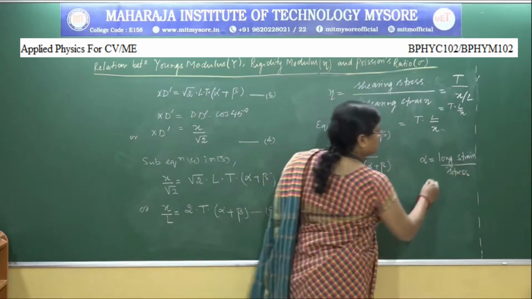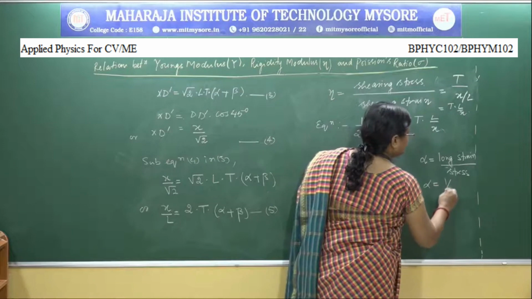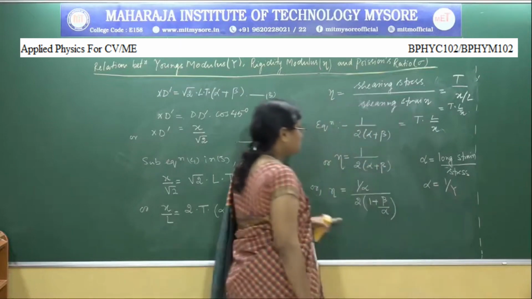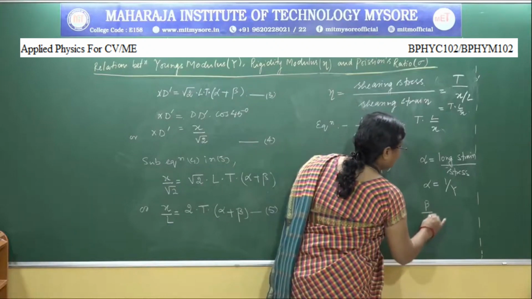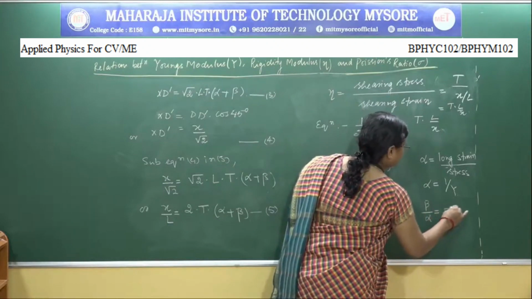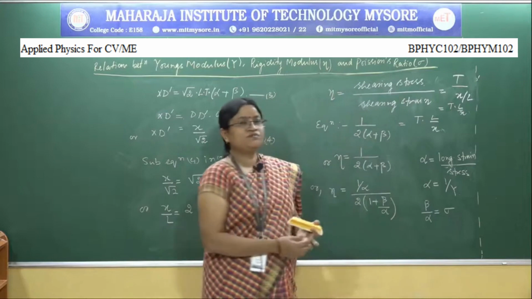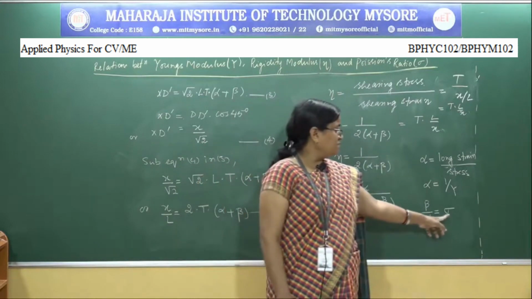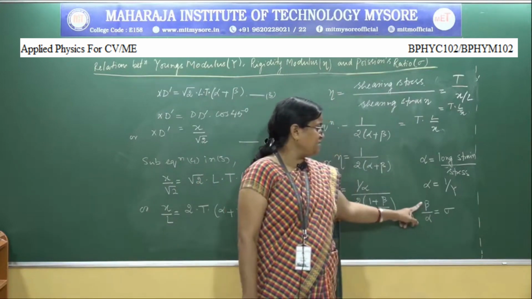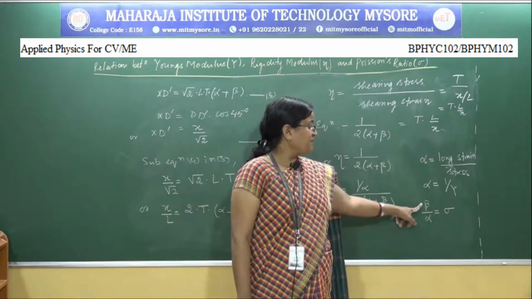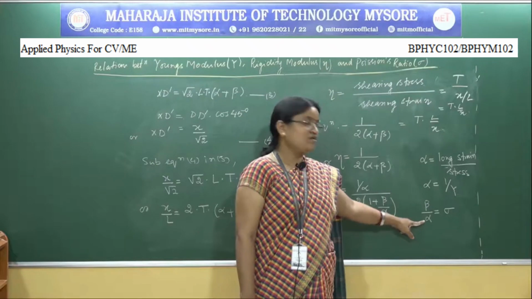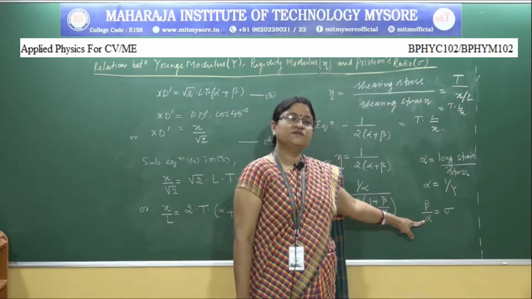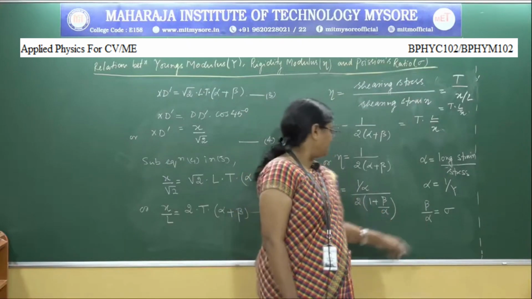So alpha is the reciprocal of Young's modulus, and beta by alpha is the Poisson ratio, which we learned earlier is the ratio of the lateral strain coefficient beta and the longitudinal strain coefficient alpha.